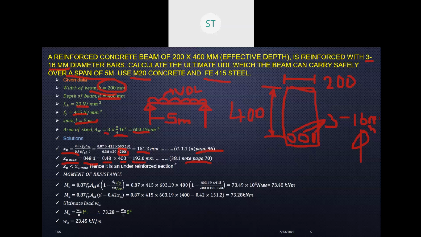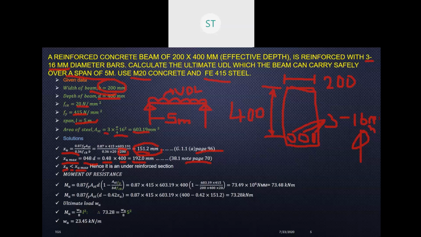Comparing Xu and Xu max, Xu is 151 and Xu max is 192. 151 is less, so Xu is less than Xu max.